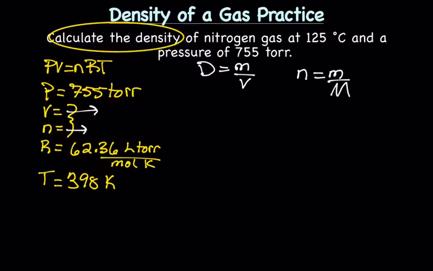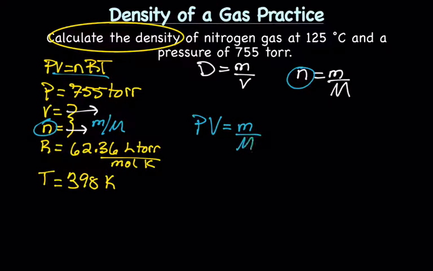Well, we've got n here and n here. So why don't we rewrite the equation, our ideal gas law, but with our n being mass over molar mass. Let's try that. So we're going to end up with pressure times volume equals mass divided by molar mass times RT.